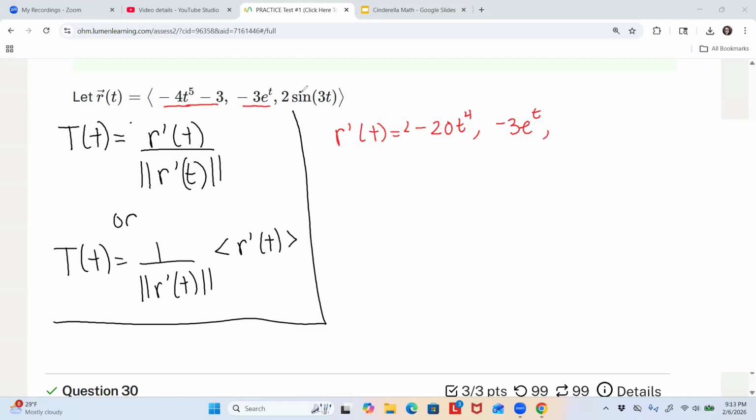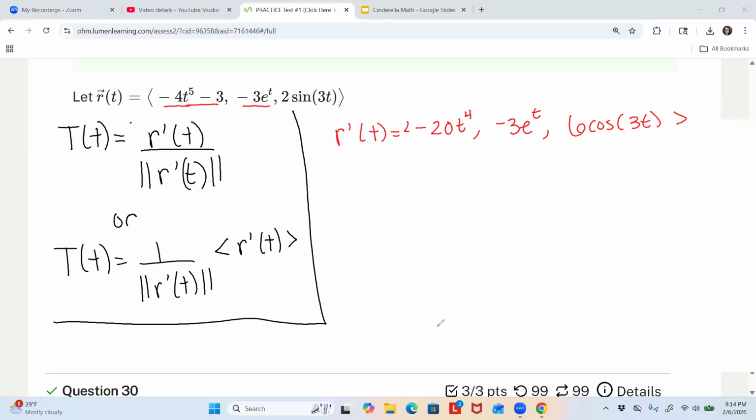And then finally, derivative of sine is cosine, so this will be 2 cosine of 3t times the derivative of the argument, which is 3. 2 times 3 will make 6, so I'm just going to erase that and make that 6 cos of 3t. Okay, there's our prime.